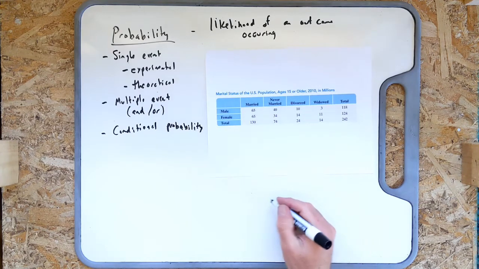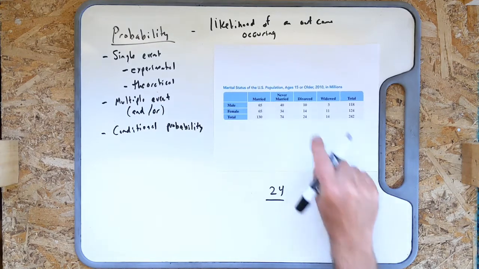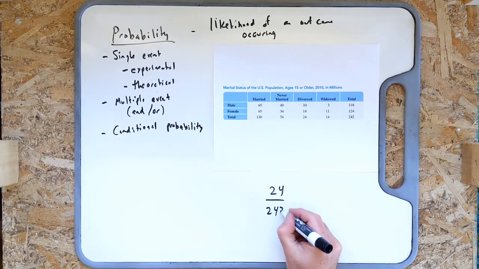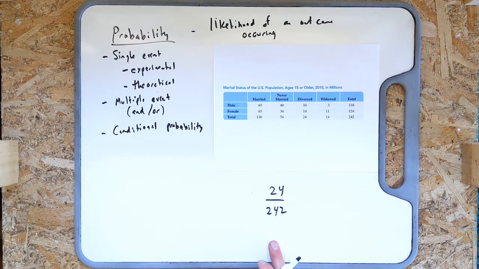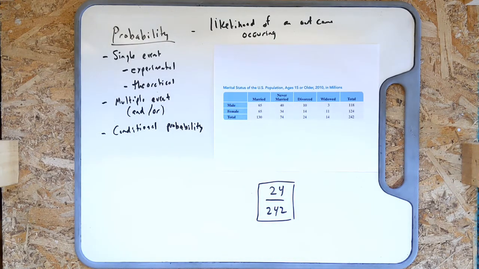The total number of divorced is 24, and the total in total is 242. So the probability of me picking someone out divorced is 24 out of 242. Again, I didn't really calculate that other than just pulling a bunch of data. This is a probability pulled from a bunch of experimental or found data.